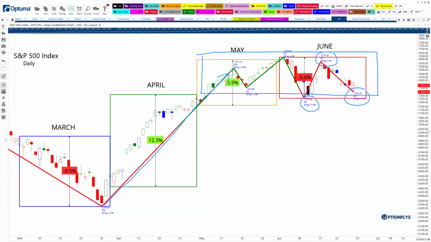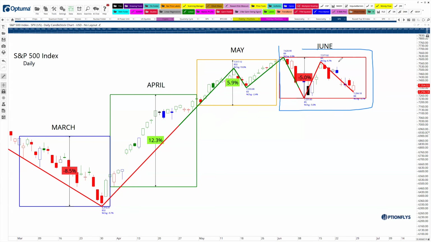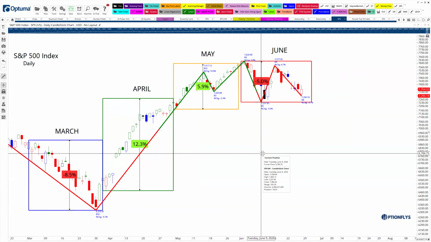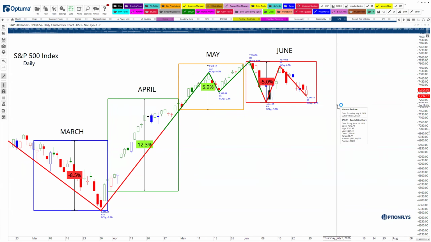Now, the question is, if this trend continues, which went sideways, where does the next one go? That is going to be the next month. We don't know. Nobody knows that. Are we going to go another month sideways?